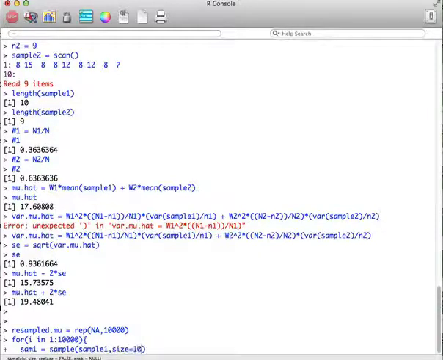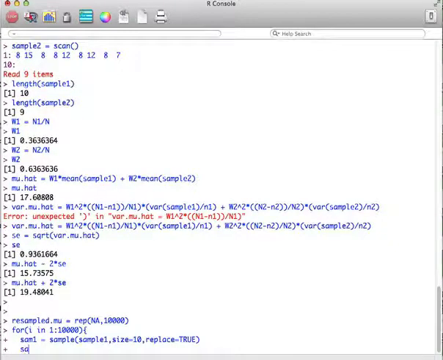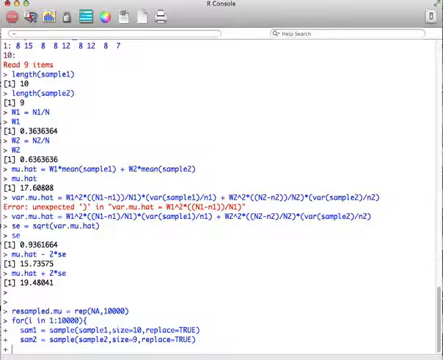It'll be the same size, but it'll be, as usual, with replacement. Then I'll take a sample from the second sample. Boy, the word sample is showing up here way too often. Replace equals TRUE. There we go.